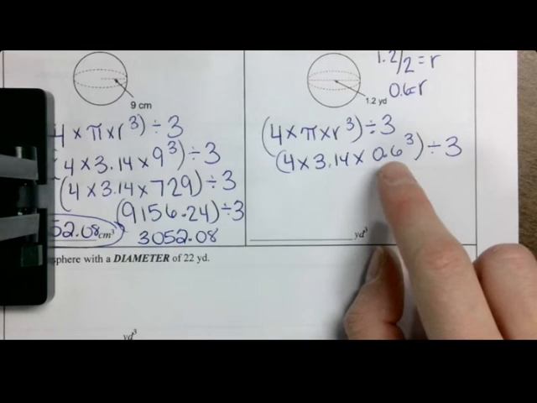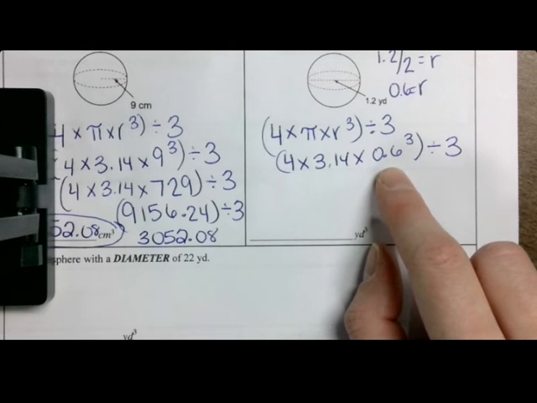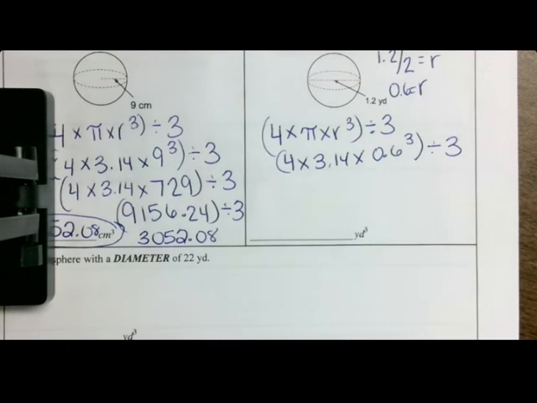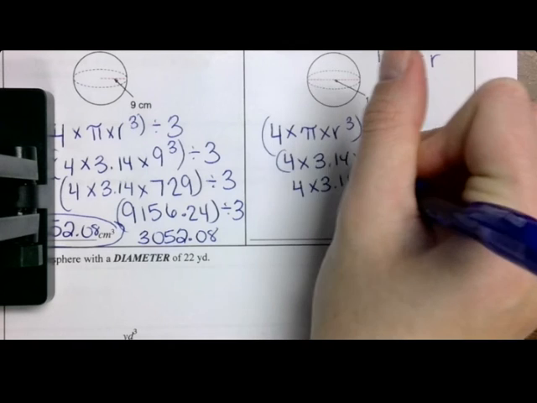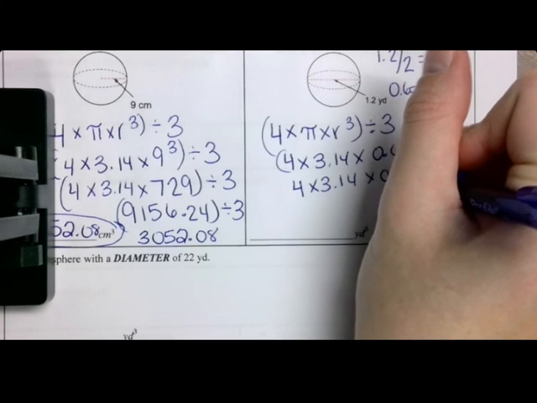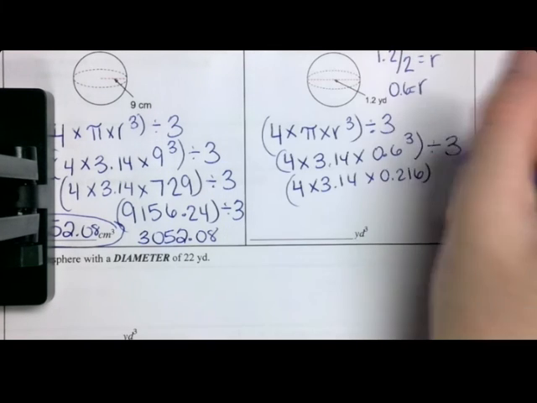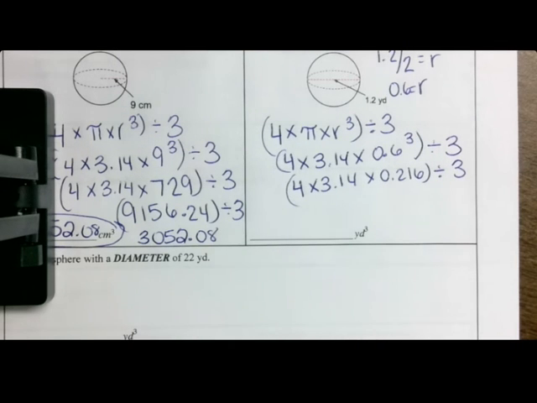So remember, this means 0.6 times 0.6 times 0.6. So what does that give me? So 4 times 3.14 times 0.216. It's a very small number and it's a decimal, so keep that in mind when you do your multiplication.